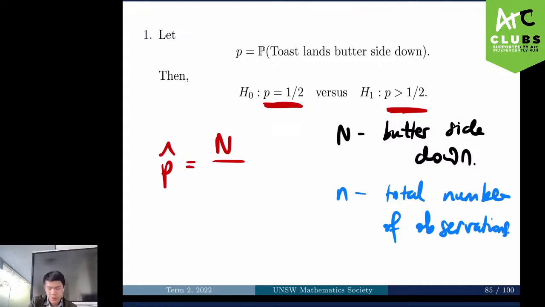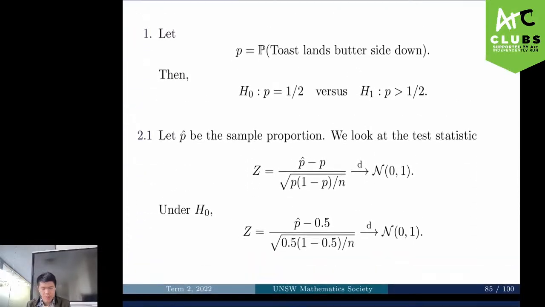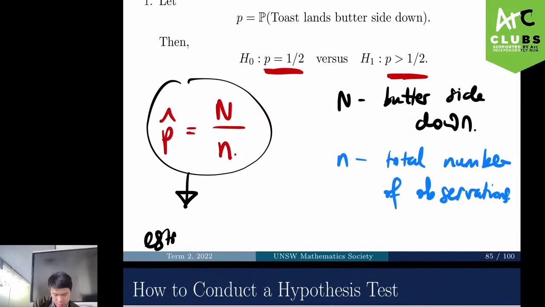So this is actually our estimator, n on n. Okay, and this is a common sample proportion that you use. Hopefully you've seen it before. Basically, the sample proportion is an estimator of p.